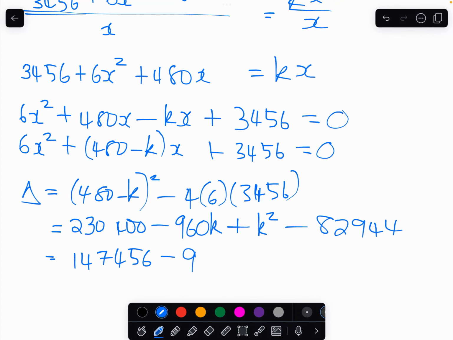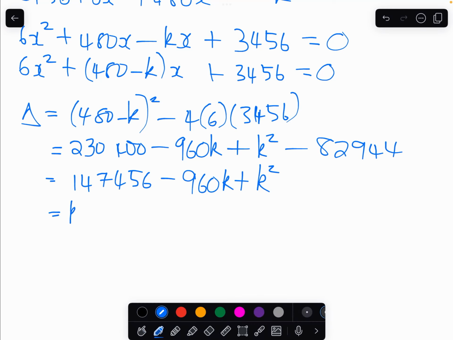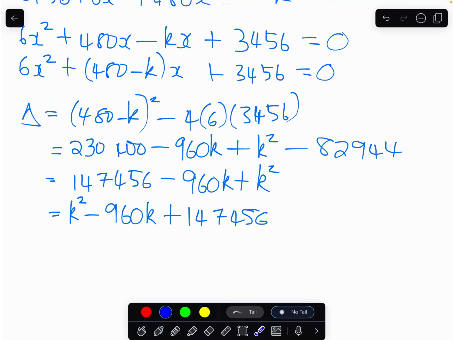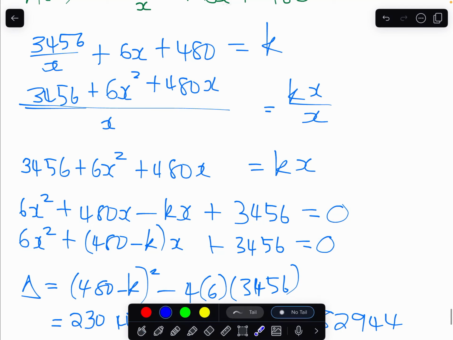Minus 960k plus k squared, right? Just write that more normally. So this is the discriminant in terms of k, right? Depending on what k we chose over here.